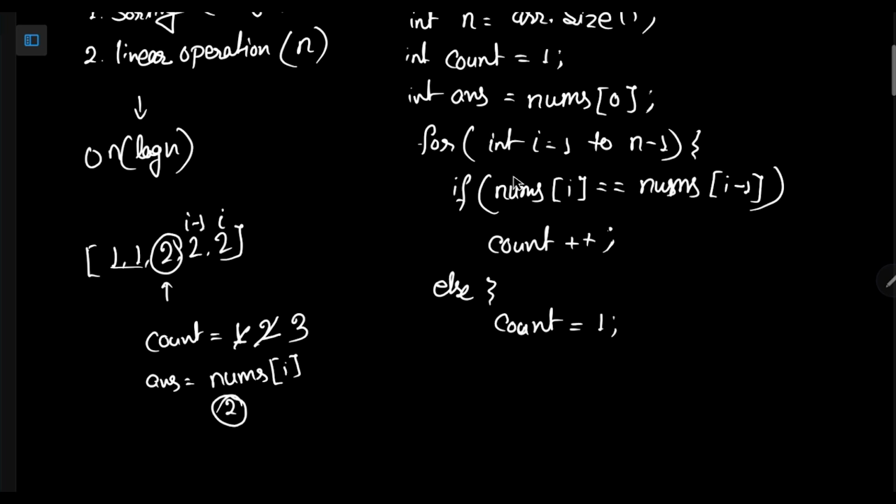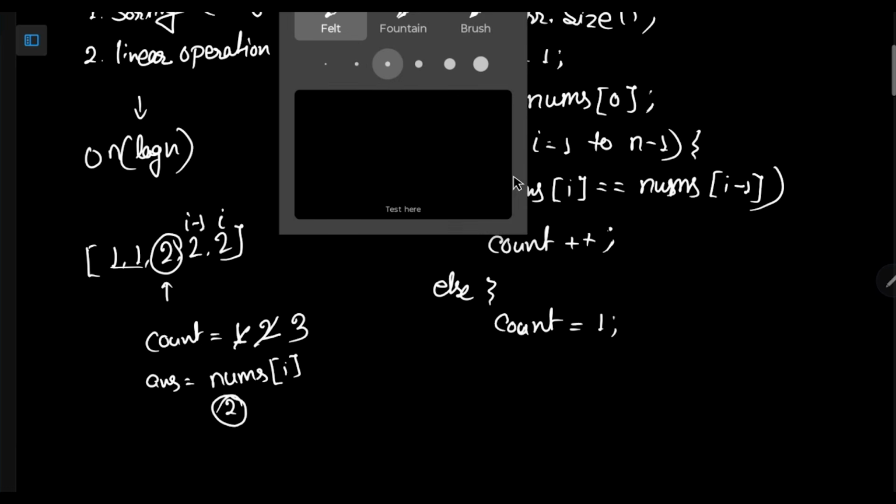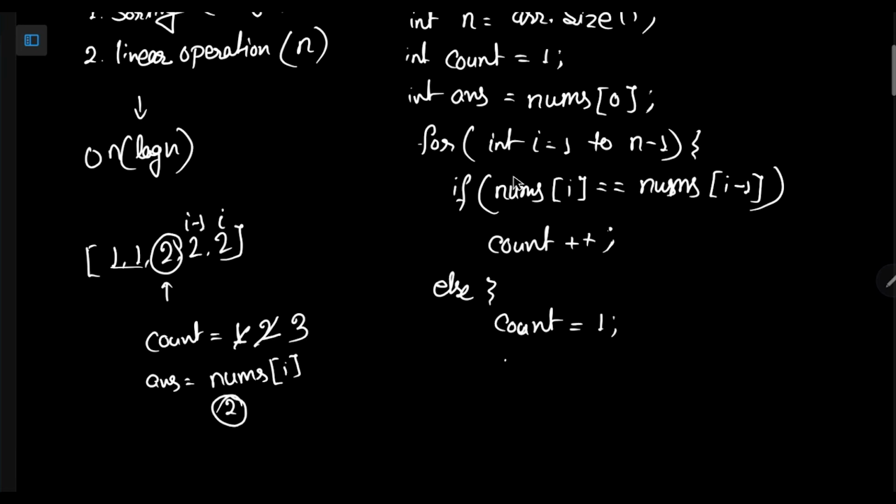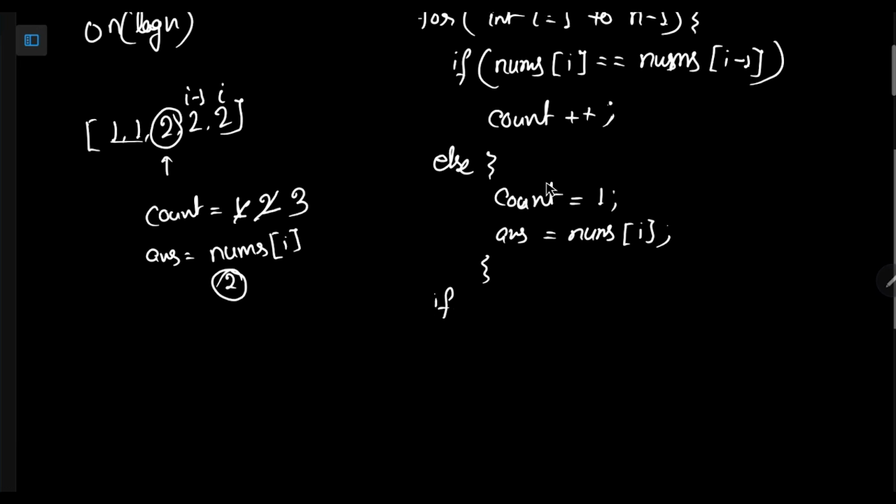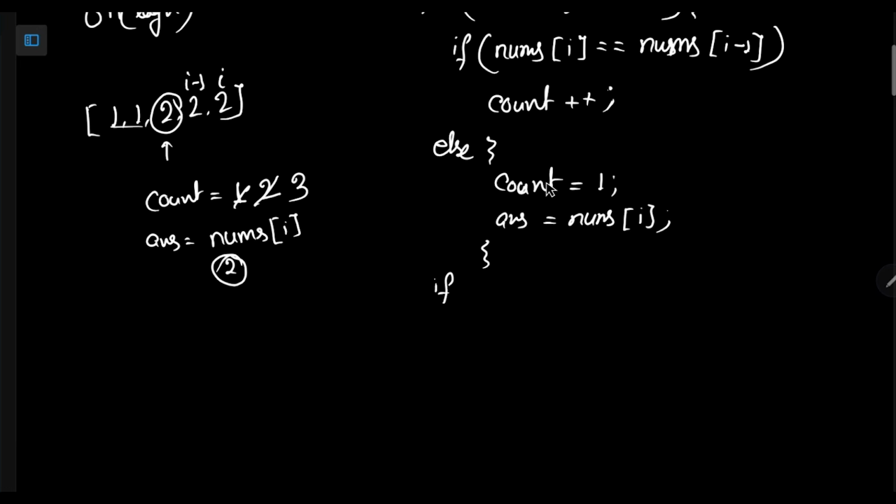it will come out of the loop and it will check the count. So what will be next? Our next answer is equal to nums of i, and after completing this else there will be a check, if, but we didn't come out of the loop, this will be in the loop.